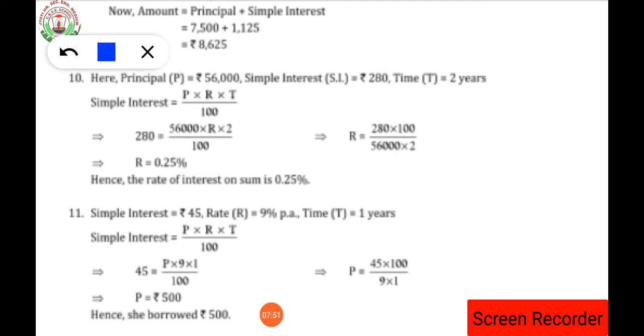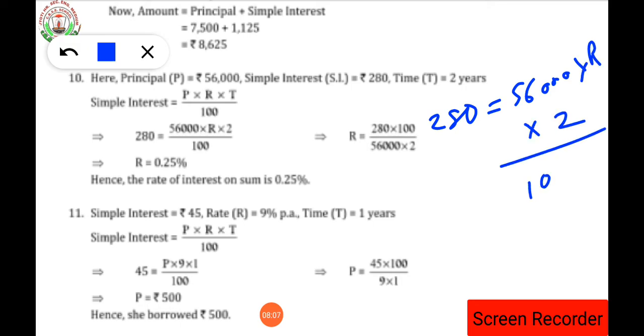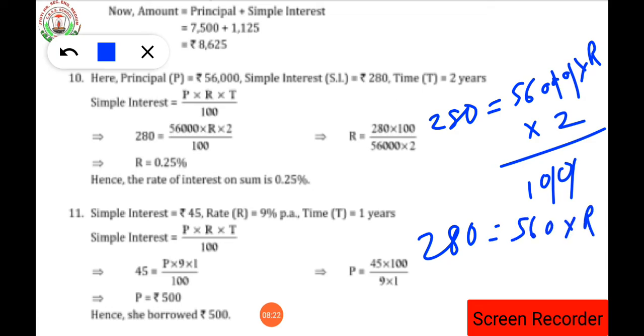As we know, the SI value is given as 280, equal to P, which is 56,000, into R, which we have to find, into 2 upon 100. Let's cancel the 2 zeros from the numerator and denominator, then we will solve. So here 280 is equal to 560 into R into 2.